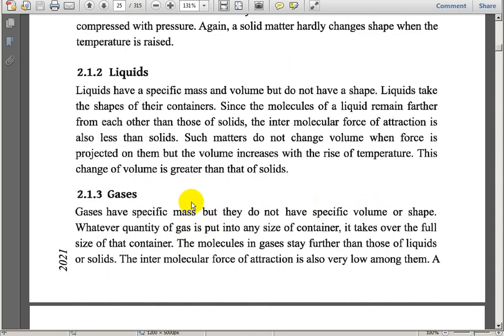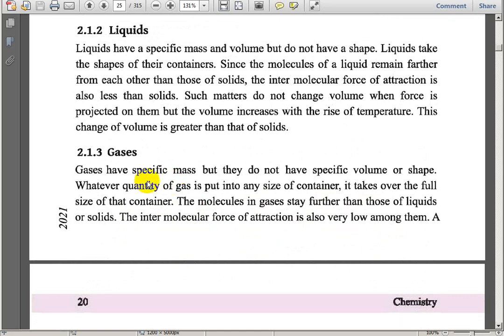Now, gases also have a specific mass, but they don't have a specific volume or shape. Whatever quantity of gas is put into any size of container, it takes over the full size of that container.